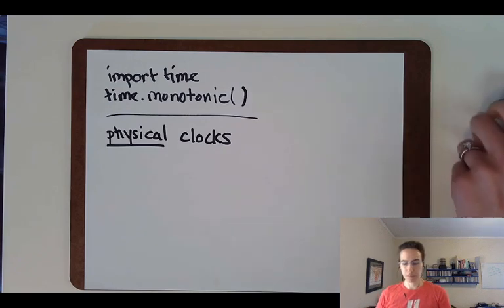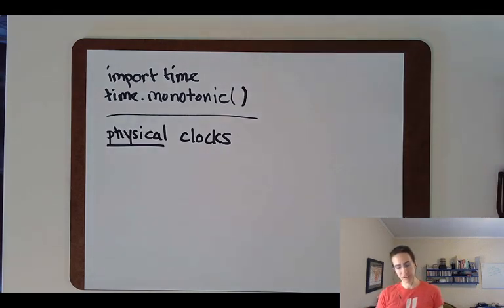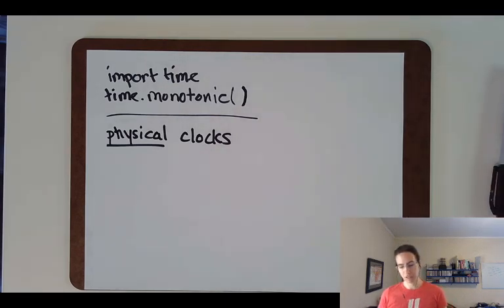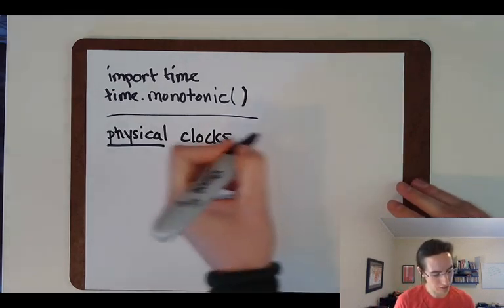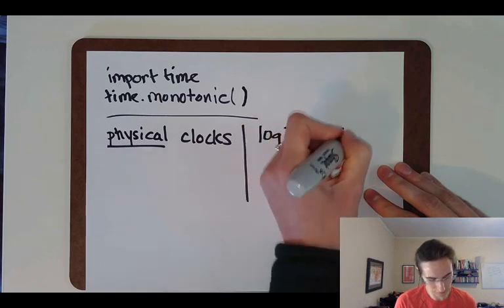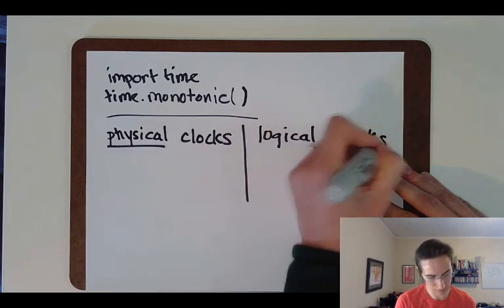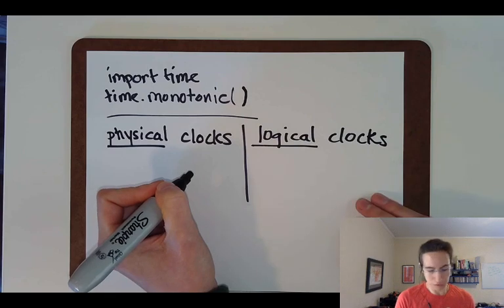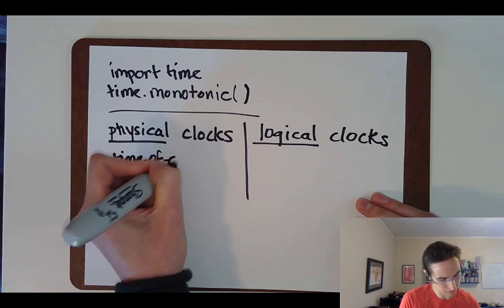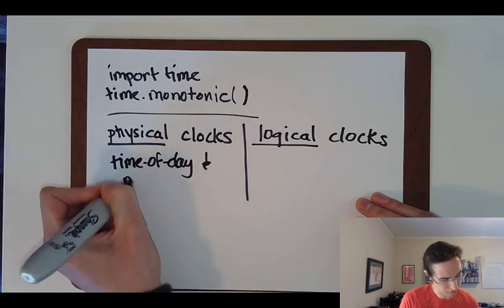In distributed systems, as some people in chat have already anticipated, we can't get away with just having physical clocks. We need a different notion of clock, which is called a logical clock. Physical clocks include both time of day and monotonic clocks.